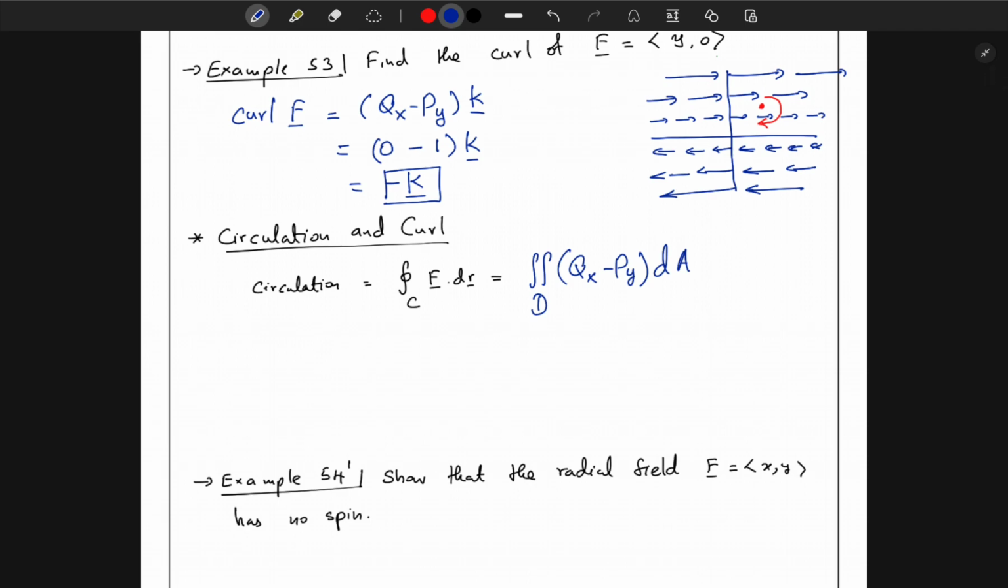You are missing only the factor of k. So let me add the factor. Now to make it just 1, I just take the dot product of k by itself. Okay, so now this part is the curl. So the double integral of curl of f with the dot product with k. So the circulation is the double integral of curl with the dot product.